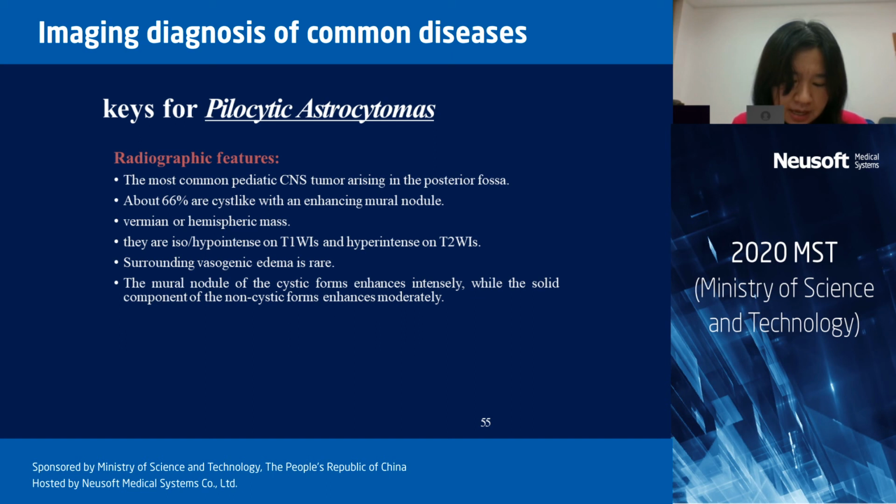They are iso or hypointense on T1 weighted imaging and hyperintense on T2 weighted imaging. Surrounding edema is rare. The mural nodule of the cystic form enhances intensely, while the solid component of the non-cystic form enhances moderately.